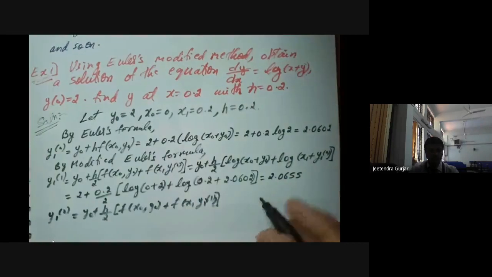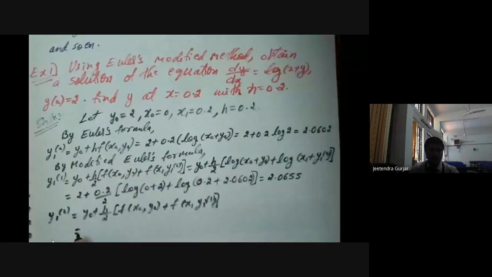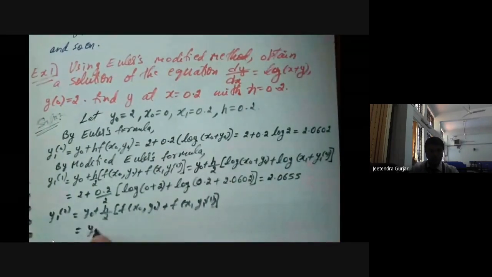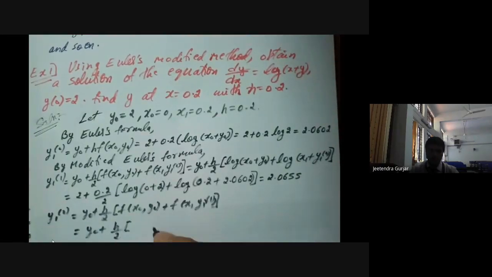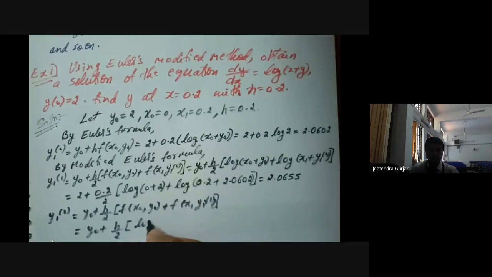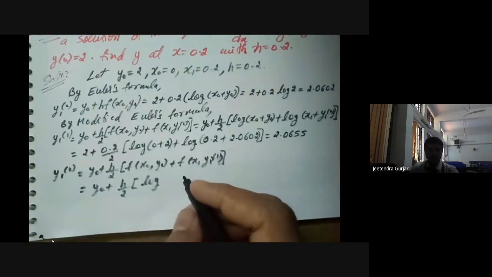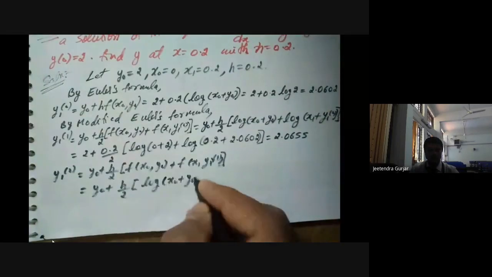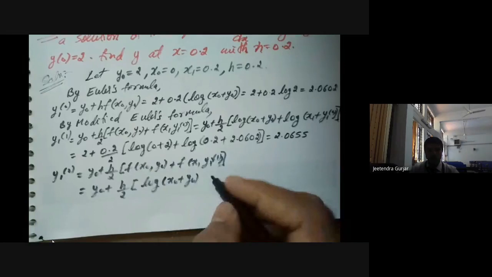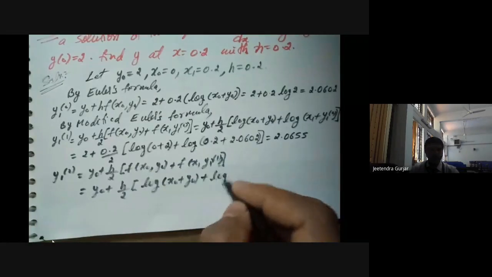Then substitute now. We'll simplify this: y naught plus h upon 2, f of x naught, y naught. Already you know that it is log of x naught plus y naught, students, plus f of x1, y1 dash. y1 dash is the previous value. Remember this, student. So f of x1, y1 dash is going to become log of x1 plus y1 dash.